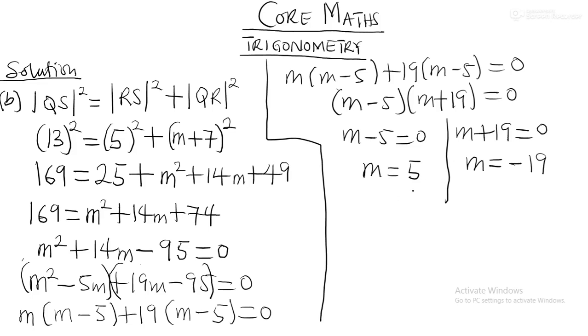So we write, but m is greater than 0. So when m is greater than 0, m cannot be negative. So it means that our answer is what? m equals 5. Okay, m equals 5. So this is the answer for the B.